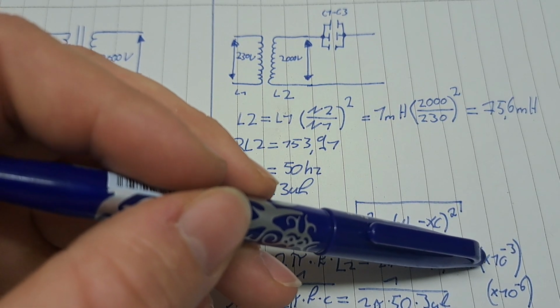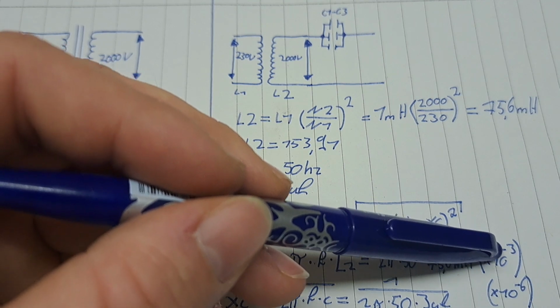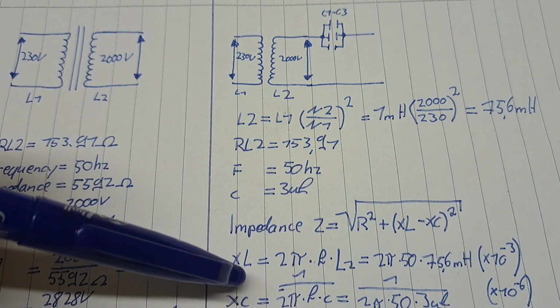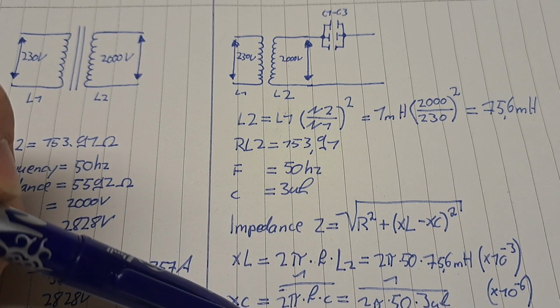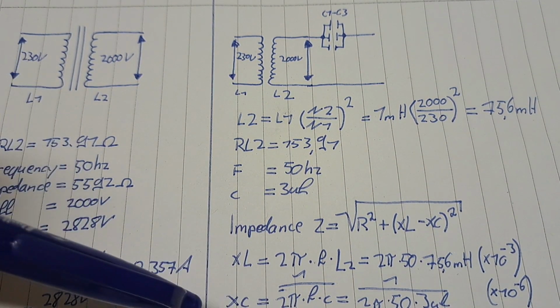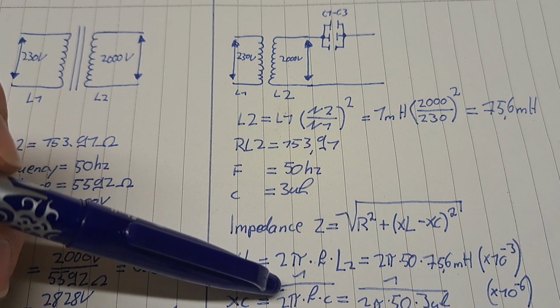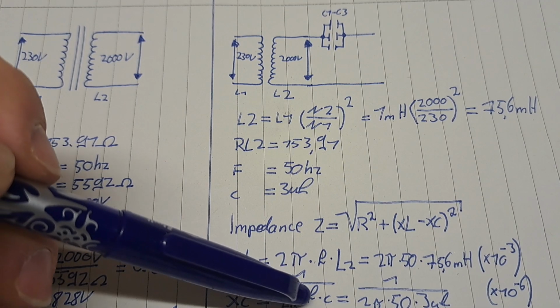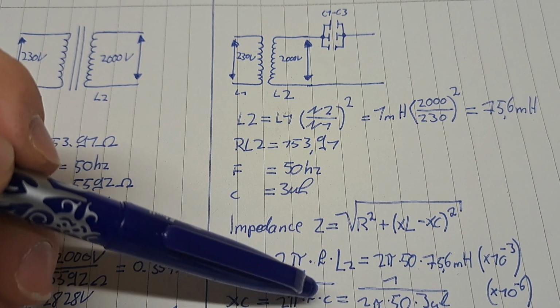75.6 times 10 to the minus 3, because microhenry. That is equivalent to 23.75, and for XC it's 1 divided by 2 pi times frequency times capacitance.